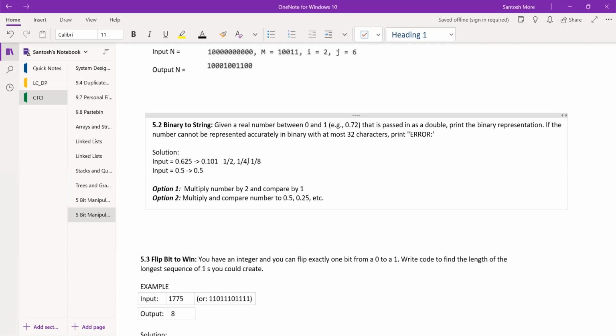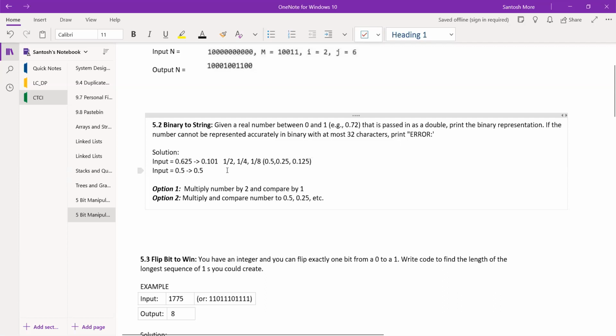So in this case, the first value will be 0.5, the second value will be 0.25, and the third value will be 0.125. Now we see that we have a bit at the first location and a bit at the third location. So if we add 0.5 with 0.125, we get 0.625.